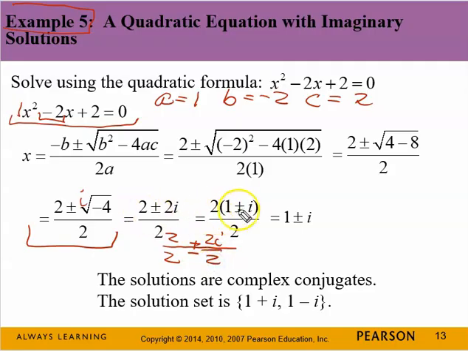Or, as they do it, they're factoring out a 2 from each term, canceling these out. So our answers then are 1 plus i as one answer and 1 minus i as the other answer. And this is in roster notation. Okay, a lot of background for dealing with complex numbers.